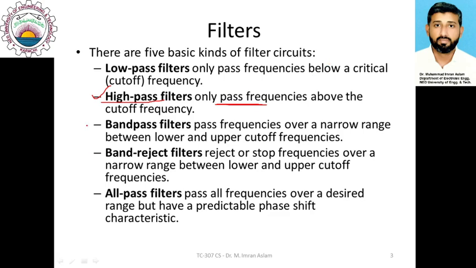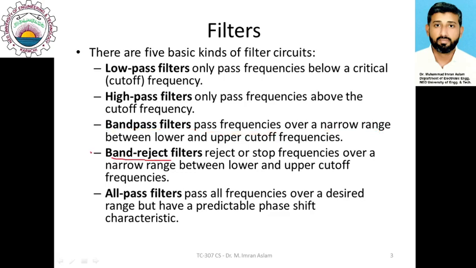The third category is the band pass filter. The band pass filter passes a specific band of frequencies. So there is a narrow range of frequencies which will pass through that particular type of filter, and all other frequencies which are out of that band will be stopped by the filter.